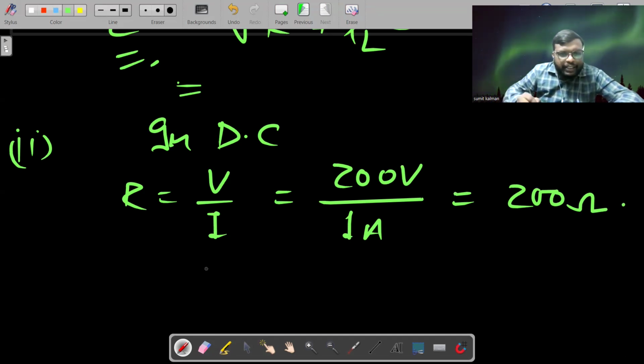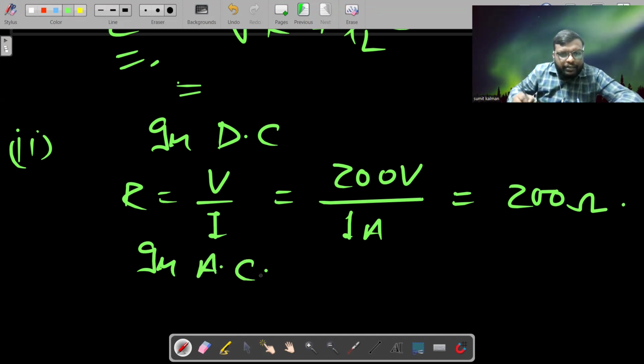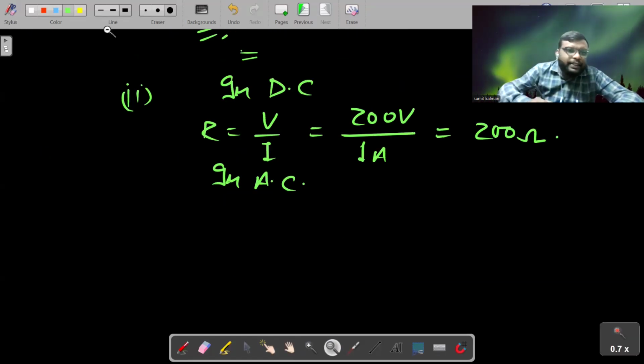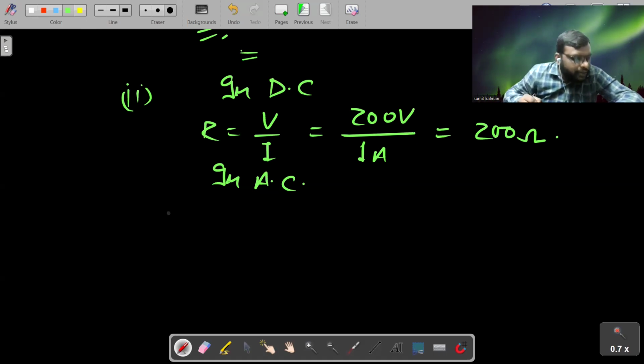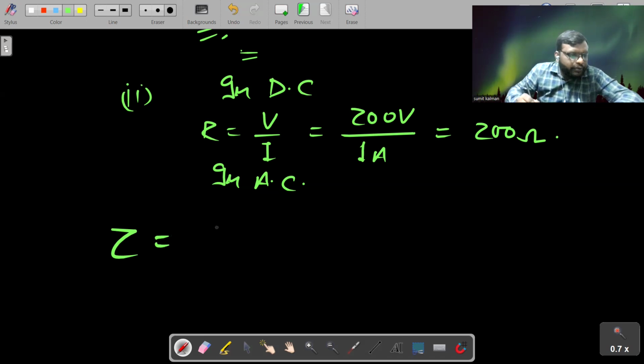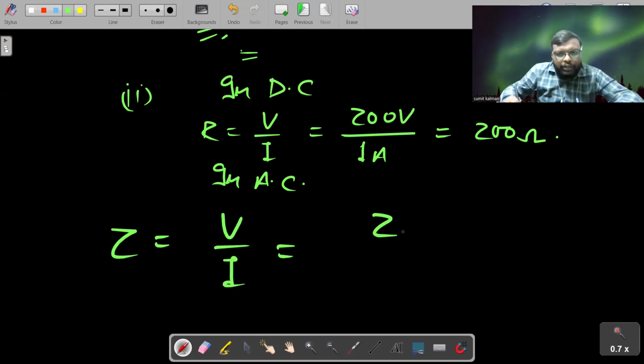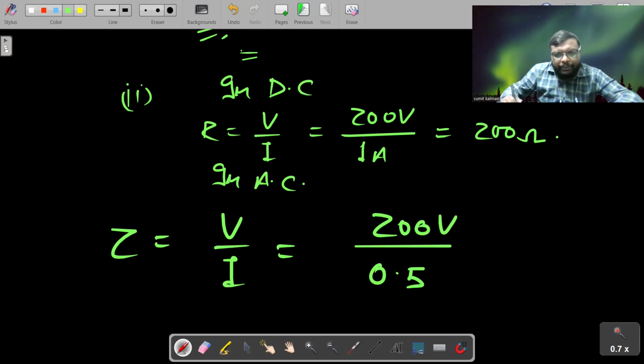Now, students, in AC, impedance Z is given by V upon I, and it is equal to 200 volt upon 0.5 ampere, and it will come out to be 400 ohm.